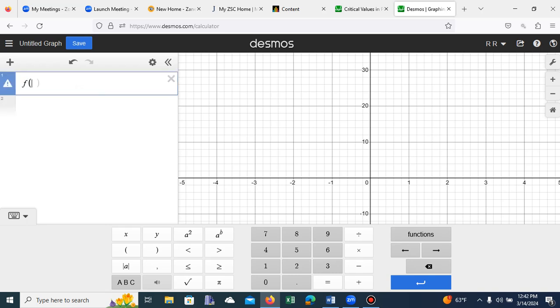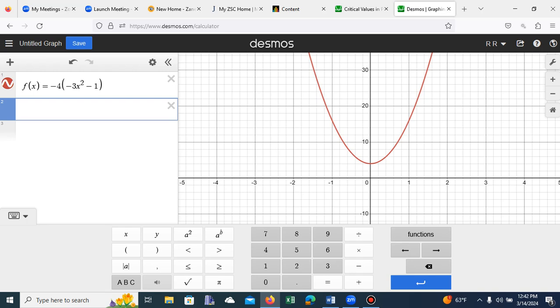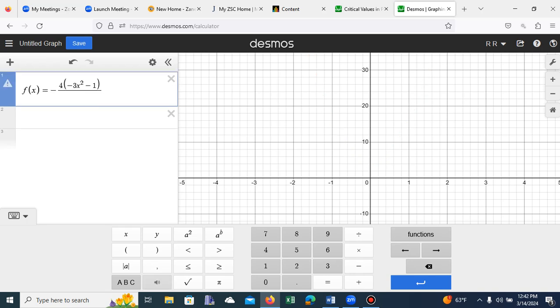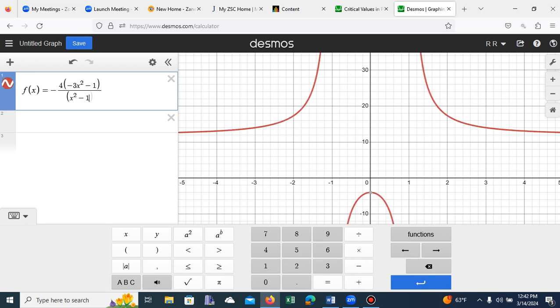F of x, no, just give the second derivative. Negative 4 times negative 3x squared minus 1, divided by x squared minus 1 cubed.